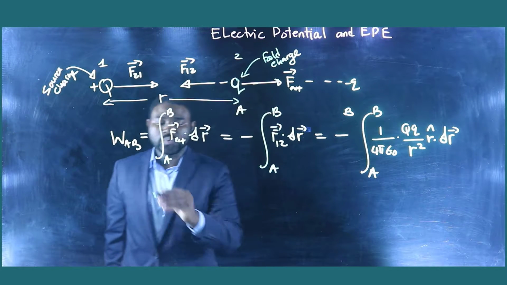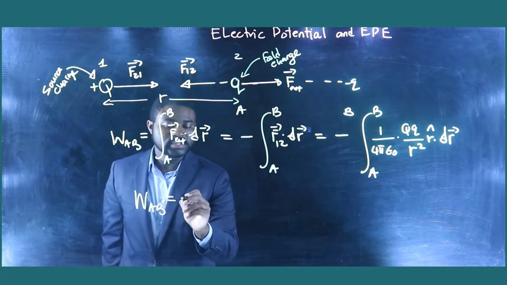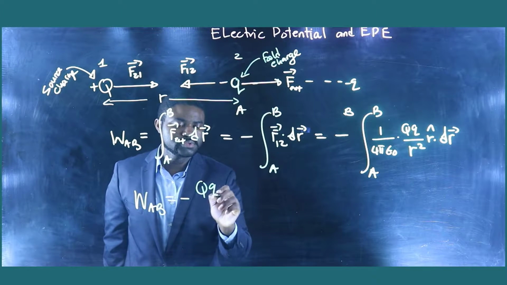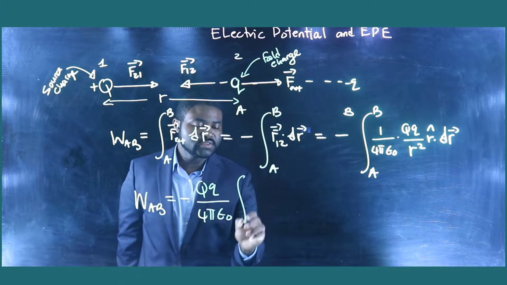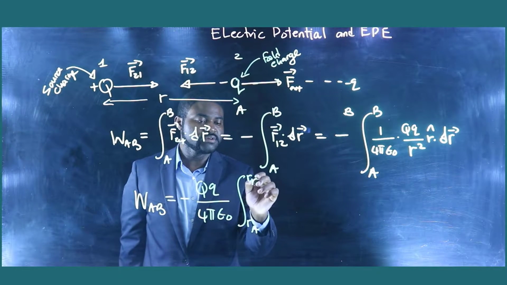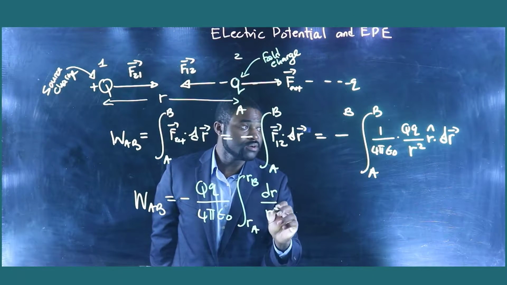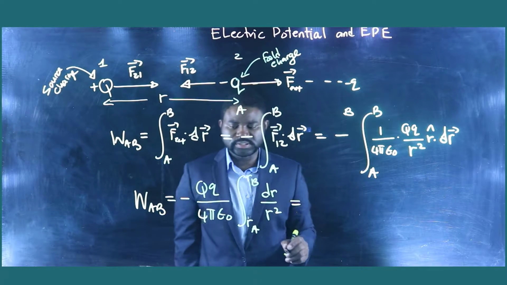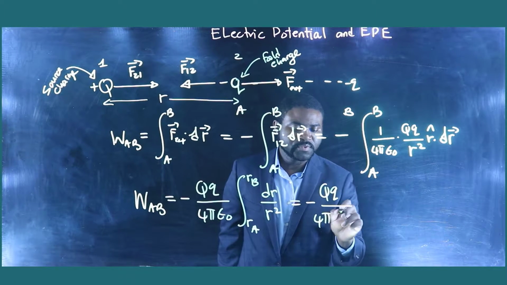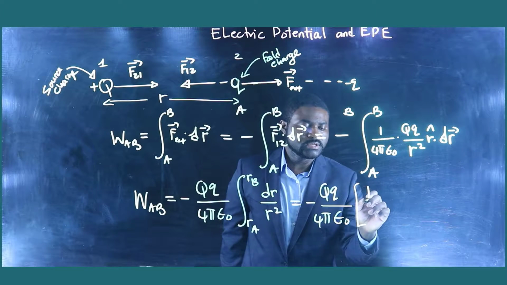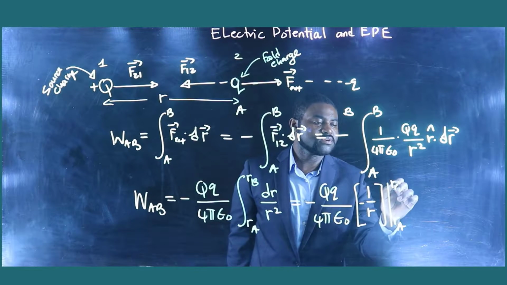This means that the work done, WAB, will be equal to negative Qq over 4 pi epsilon naught, the integral from r sub a to r sub b of dr all divided by r squared. This is equal to negative Qq over 4 pi epsilon naught, 1 over r from r sub a to r sub b.